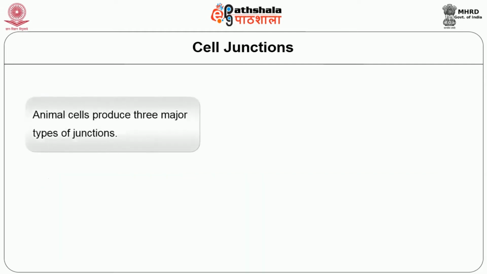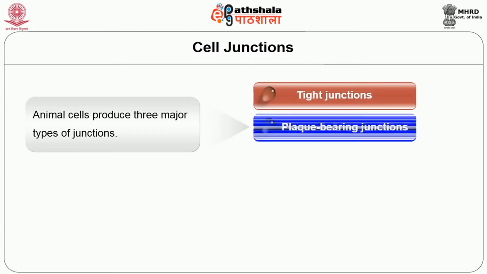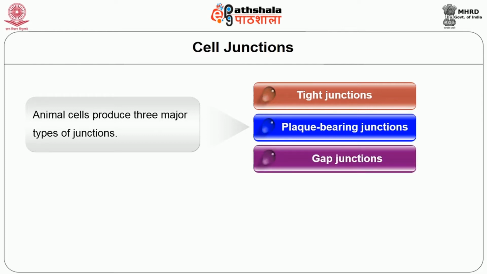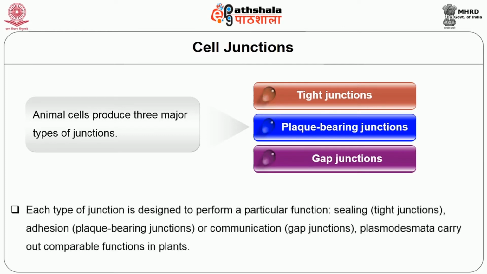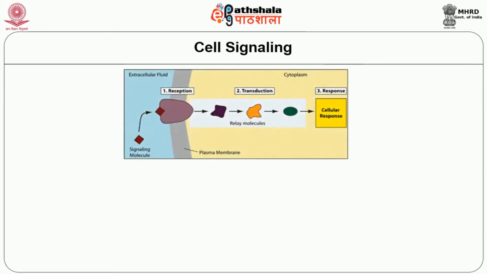Animal cells produce three major types of junctions called as tight junctions, plate-bearing junctions, and gap junctions. Each type of junction is designed to perform a particular function like sealing, adhesion, or communication, and plasmodesmata carry out comparable function in plants. Now we will see about what is cell signaling.